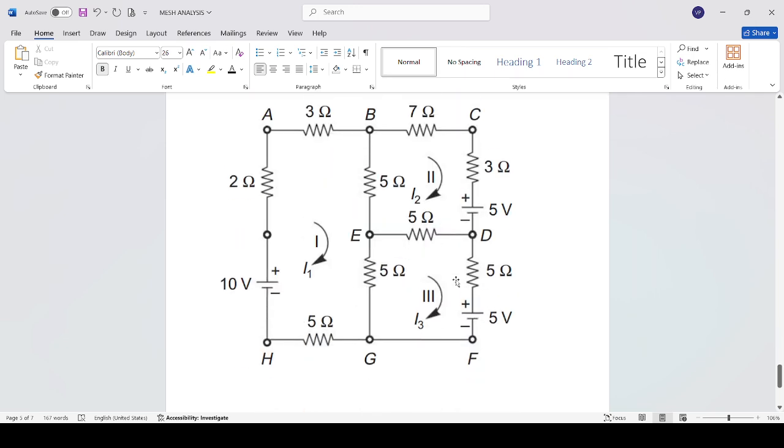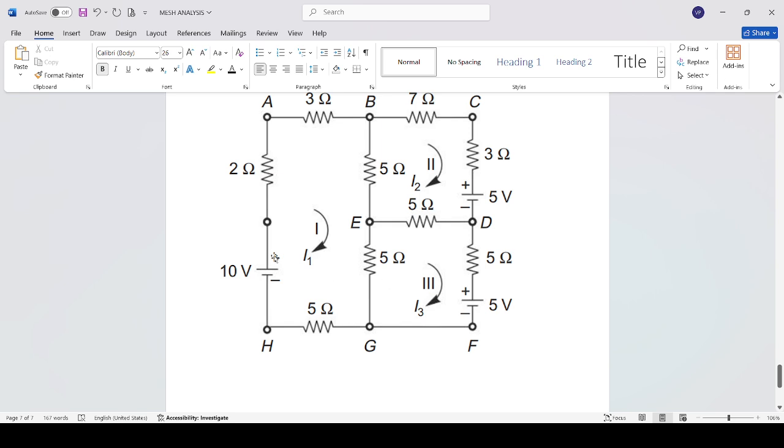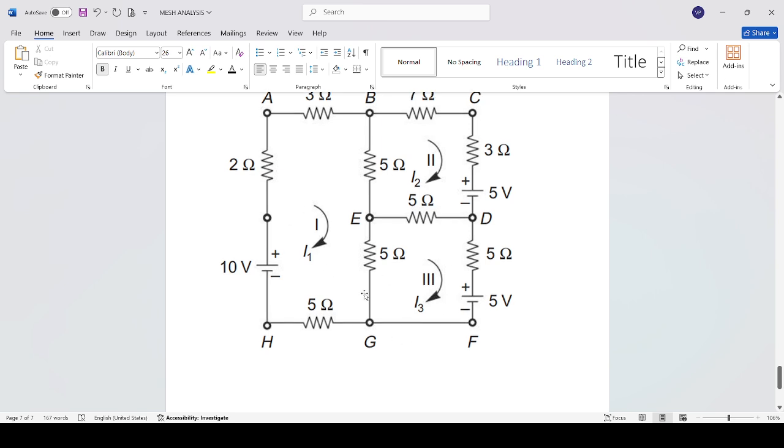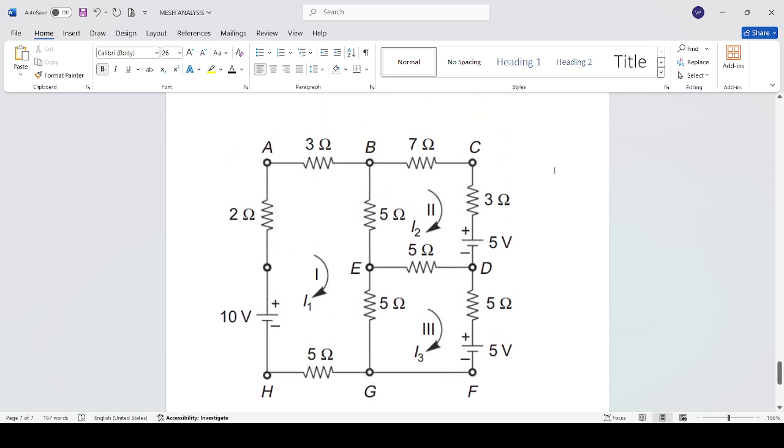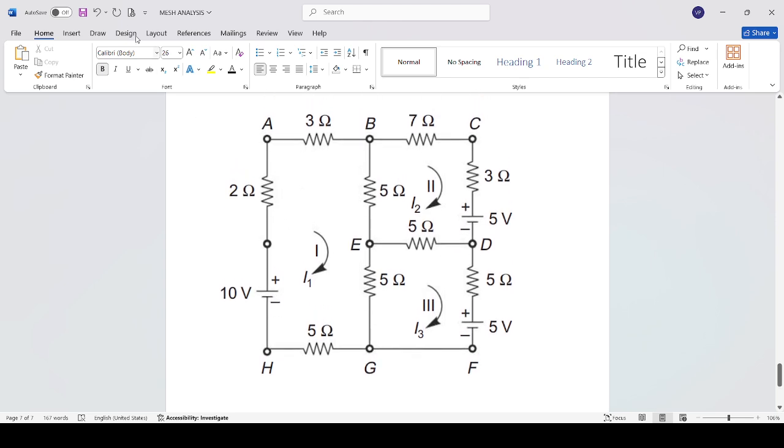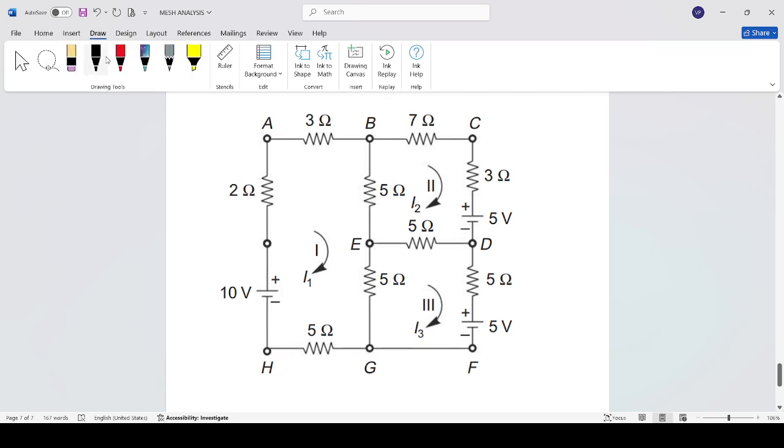Similarly, you can take this circuit. They have mentioned the loops and given the current direction also, so I will just mention the current. Here the current is I1, entering this element, so this end is positive and this is negative.